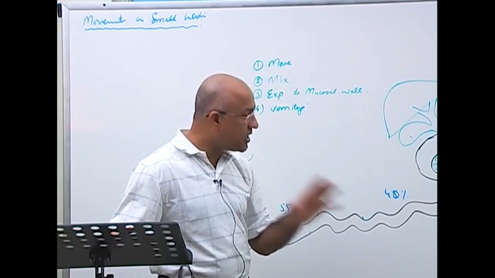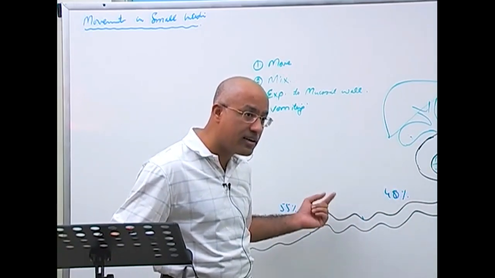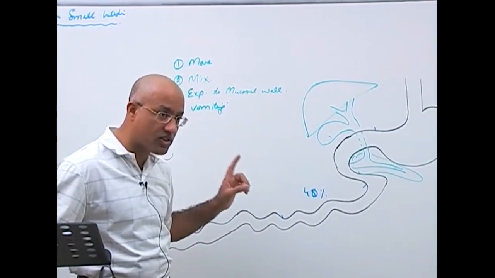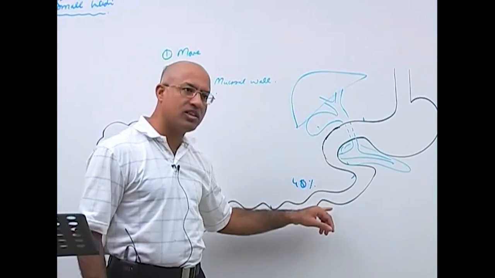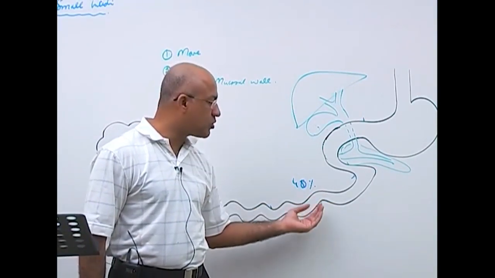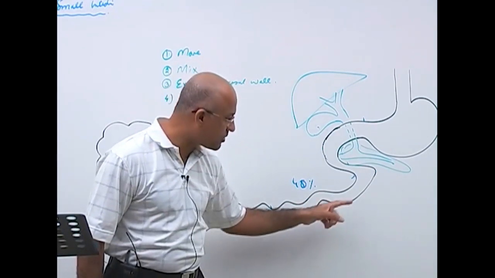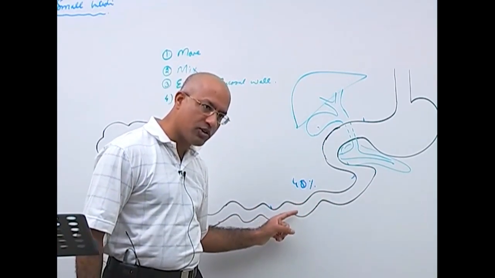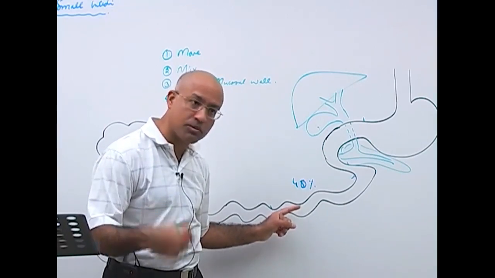Major movements are produced by the muscularis externa, the circular layer and longitudinal layer, which is a thick layer of muscles. The muscularis mucosae, a very thin sheet of muscles, only produces different kinds of mucosal folds, so that they increase the surface area for absorption.